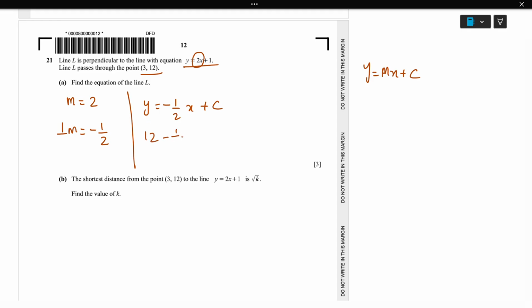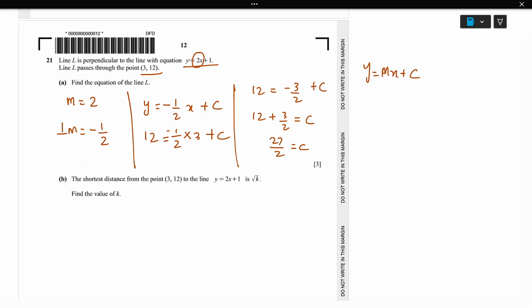So 12 equal to minus 1 by 2 times 3 plus c. Find the value of c. 12 equal to minus 3 by 2 plus c. Bring 3 by 2 here: 12 plus 3 by 2 equal to c. Make LCM, so 12 times 2, 24. 24 plus 3, 27 by 2 equal to c.